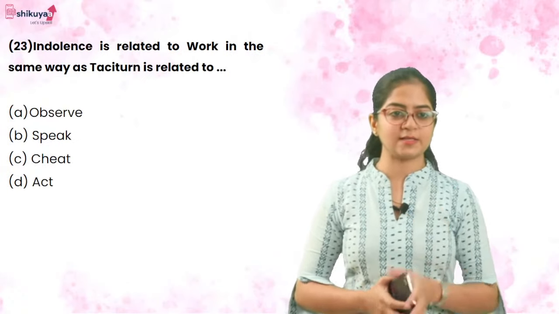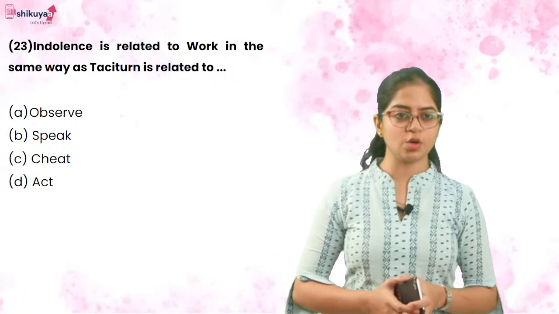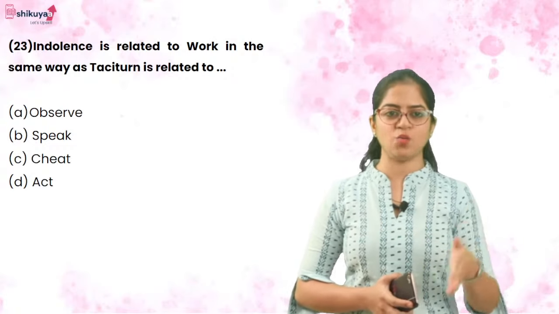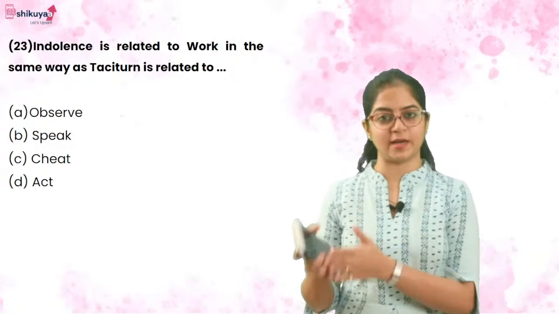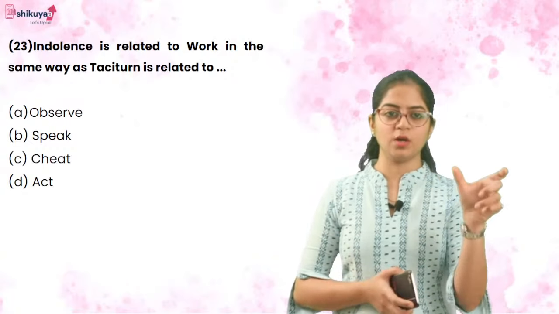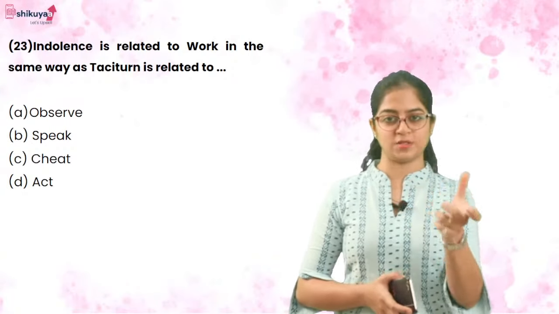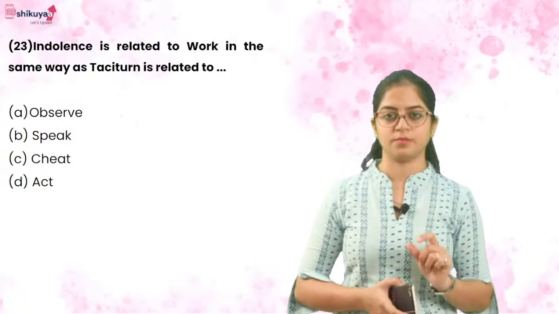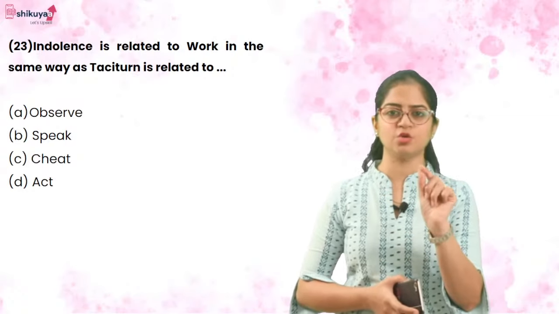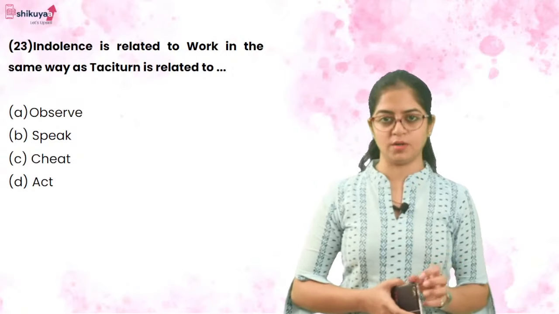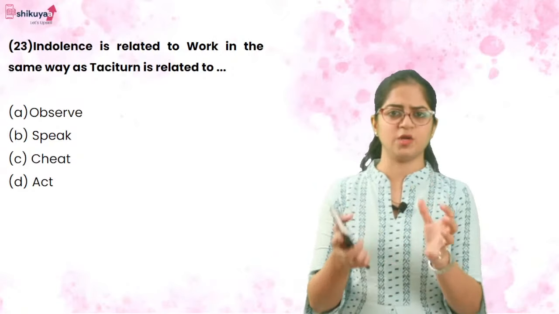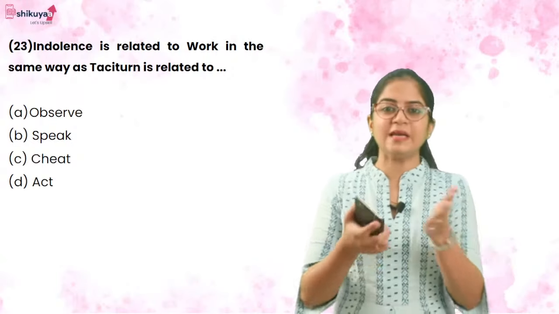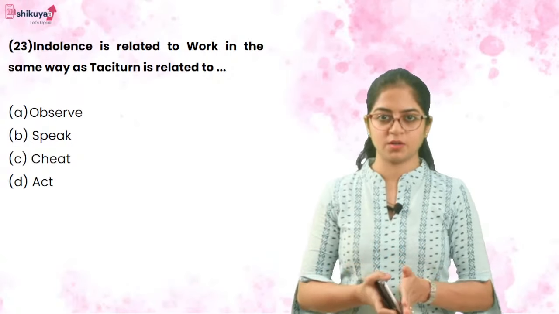Well, the next sentence says indolence is related to work, okay? In the same way as taciturn is related to what? Now, indolence and work, you should find this relation, okay? How it is related to the word work. Now indolence, "in" is used to negate the word, alright? Many times we use it, like ability, inability, right? So we are negating the word ability.